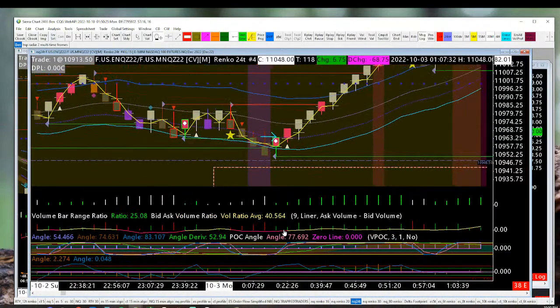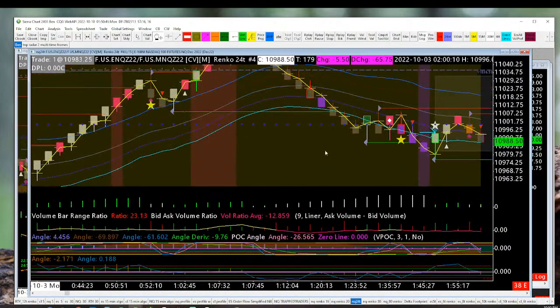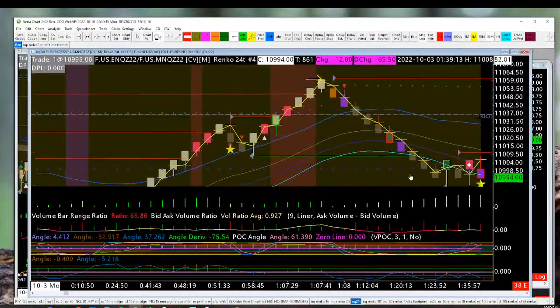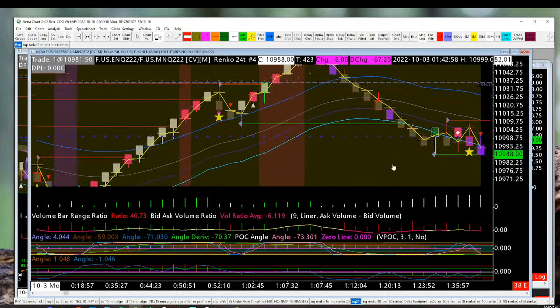Okay, so the rule then may be once you get volume developed underneath a green bar like this, it's bearish unless you print another green bar. And in that case, we traded underneath a green bar here, right?